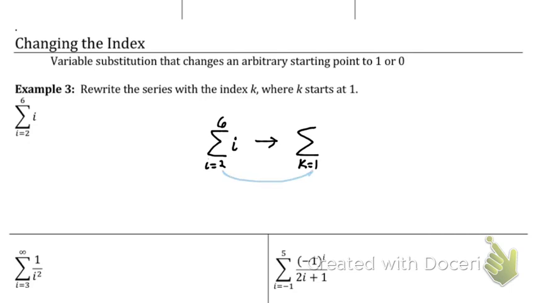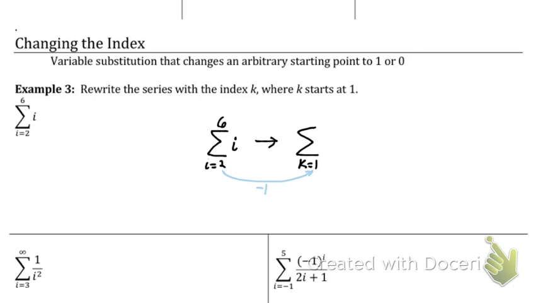To go from 2 to 1, I am subtracting 1. Who wants to take a guess at what happens to that 6? Be wrong, who cares? Yeah, 5. It'd become a 5.